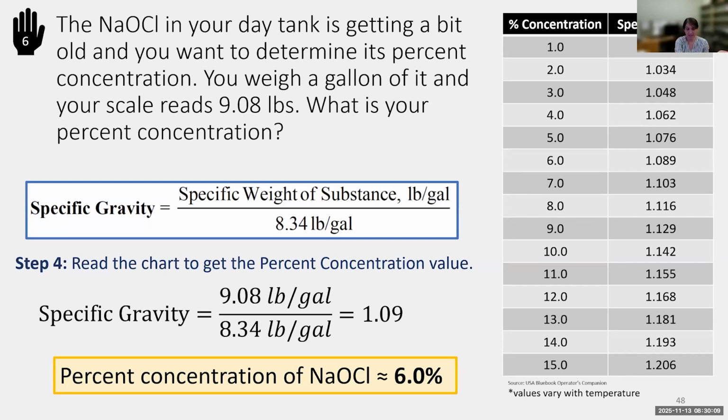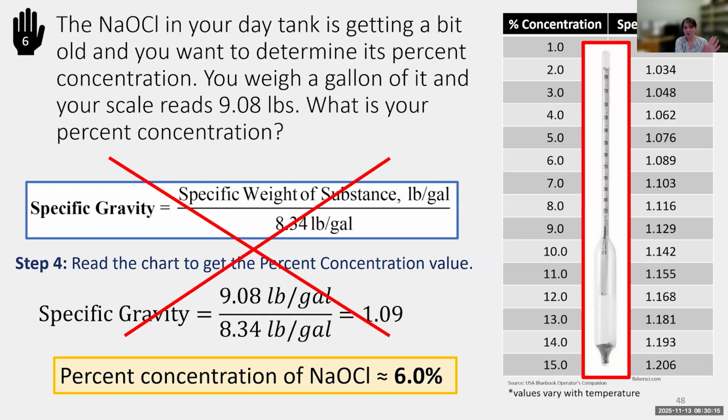Okay. Now, you can do this again by calculating specific gravity, or if you have a hydrometer, you can skip that step of calculating the specific gravity, and you could use your hydrometer to measure the specific gravity of your solution. And then you would take the number that you get from your hydrometer and use that to read your chart.